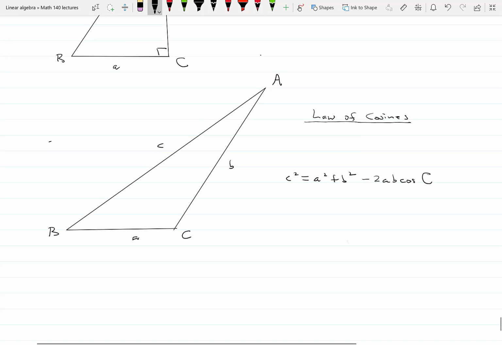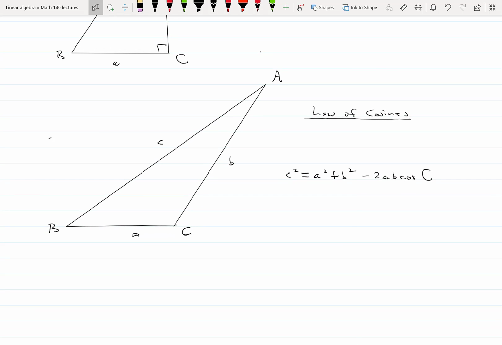Okay, so let's take a look at what this pattern is. Notice that we start with small c on the left, and we end with the angle opposite, capital C, on the right. And then on the right we also have the usual version of the Pythagorean theorem: c squared equals the sum of the squares of the other two, a squared plus b squared.